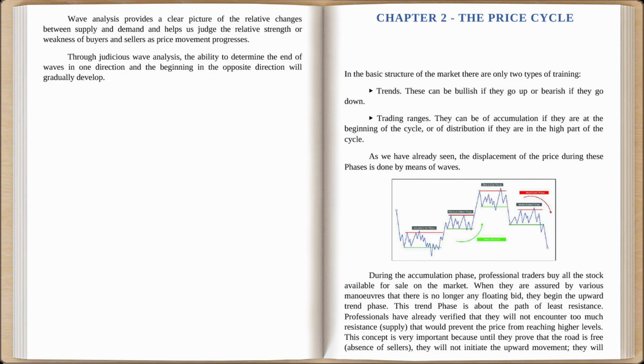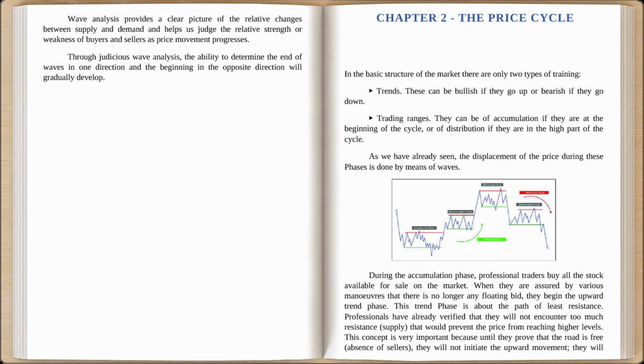Wave analysis provides a clear picture of the relative changes between supply and demand, and helps us judge the relative strength or weakness of buyers and sellers as price movement progresses. Through judicious wave analysis, the ability to determine the end of waves in one direction and the beginning in the opposite direction will gradually develop.